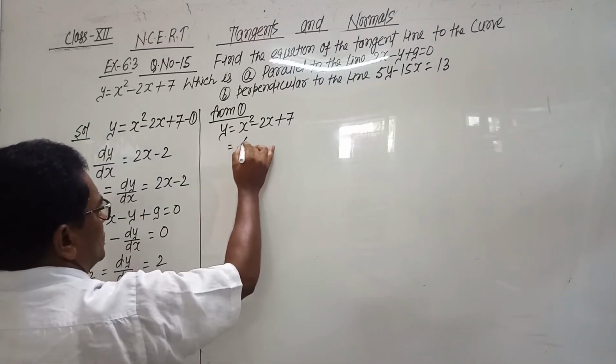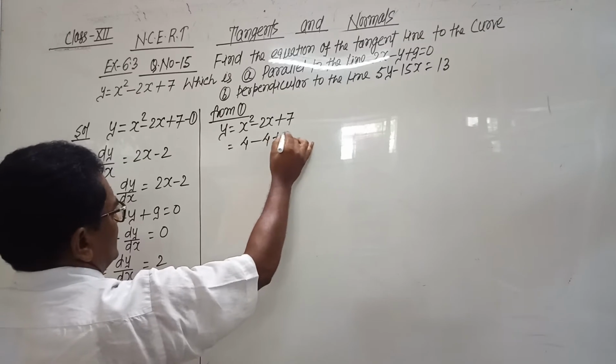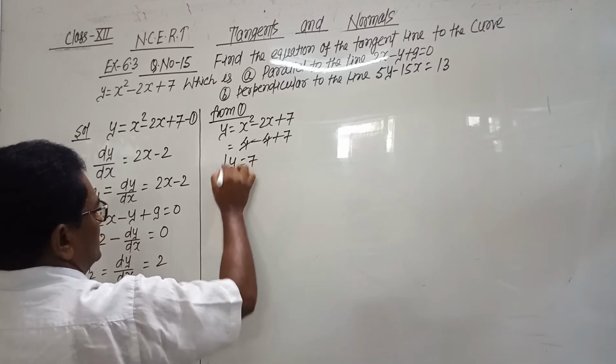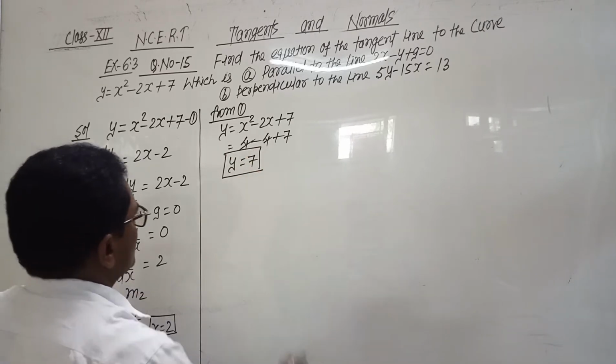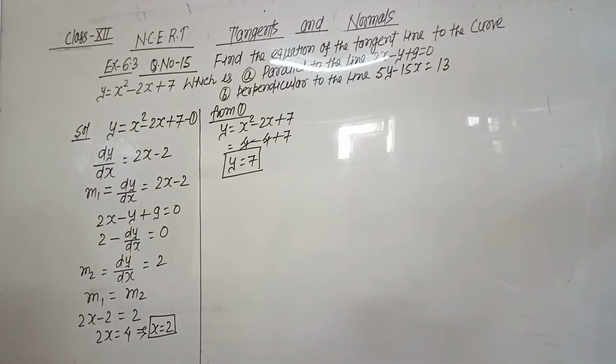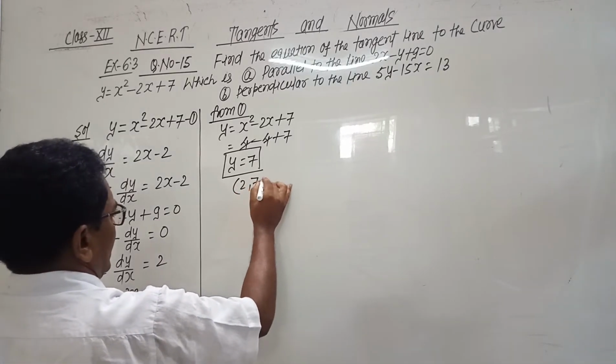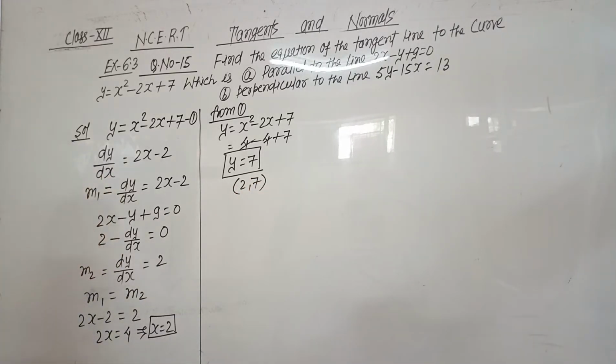We get 2 squared, 4, minus 4 plus 7, and the value of y comes to be 7. So the point which we obtain is (2, 7).